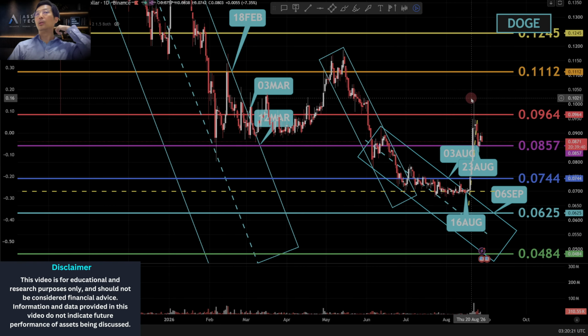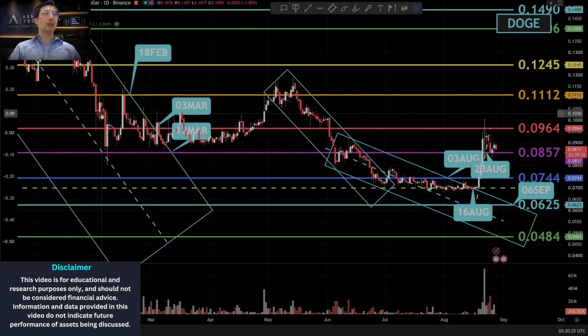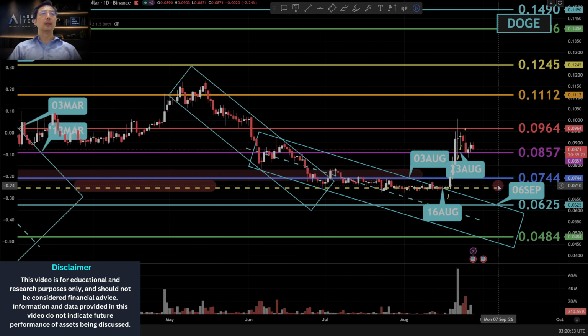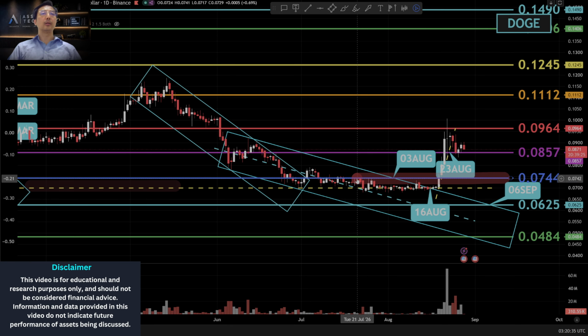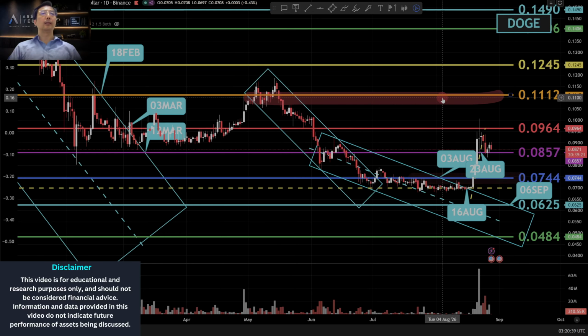If we zoom out and look at what Doge has been doing since the beginning of the year, around late January, early February, it's basically trading within the range between the blue key level of 0.074 all the way to slightly higher than the orange key level of 0.111.